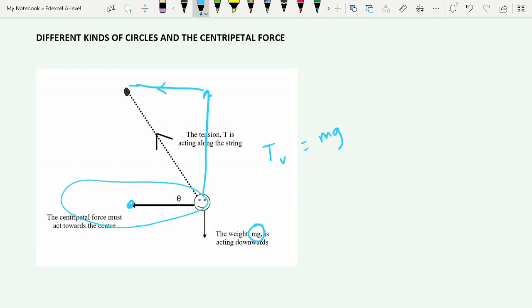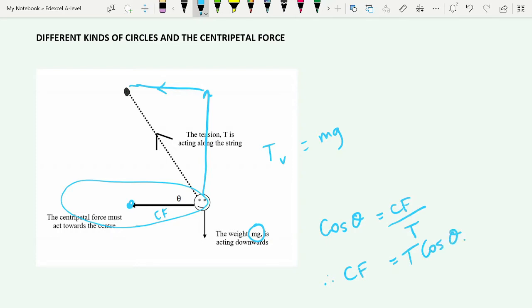So if we label the centripetal force here as Cf, then cos theta is going to be the horizontal component, adjacent over the hypotenuse, which will be equal to Cf over T, and therefore our centripetal force will be T cos theta.